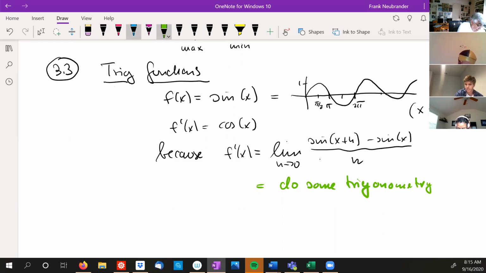And then if you do some trigonometry, then you will get out after a while that it is nothing else than the cosine of x.